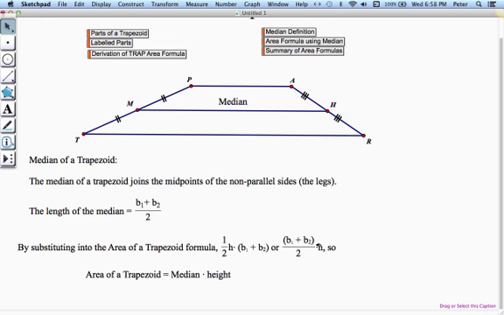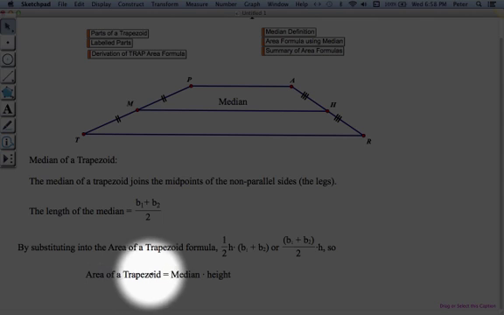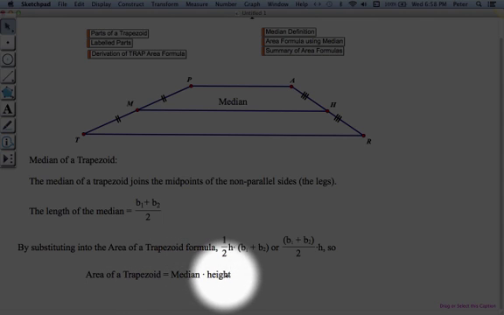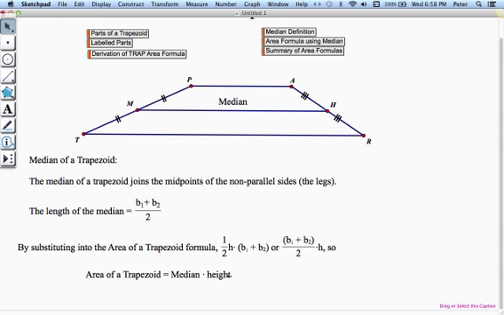Now, this first part of the formula is just like the length of the median. So I can rewrite the area of a trapezoid as median times height. Okay, so let's do a quick summary.